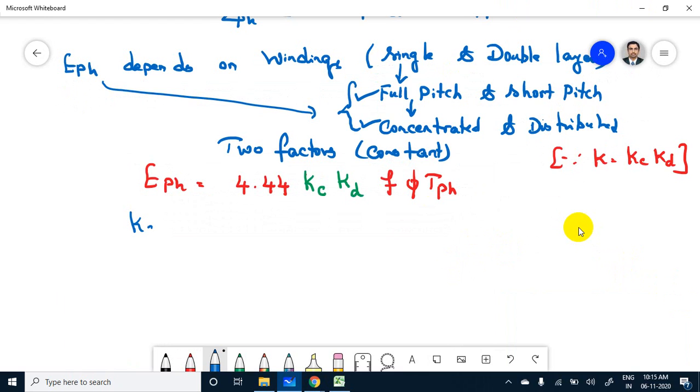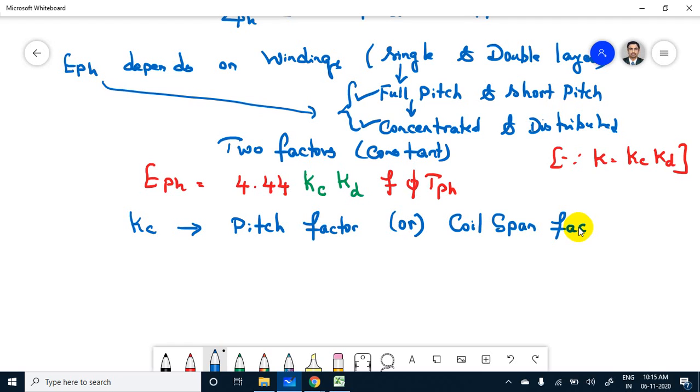Kc stands for pitch factor, or the other name of pitch factor, coil span factor. Pitch factor or coil span factor.